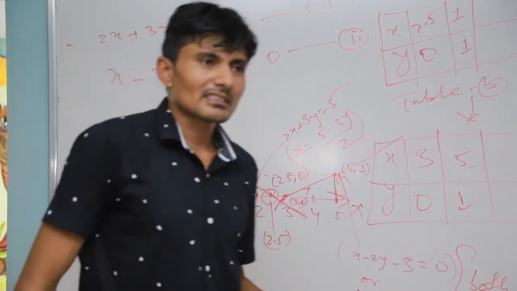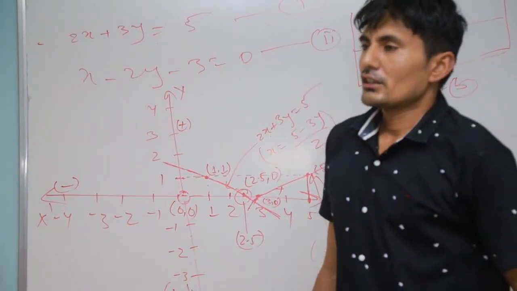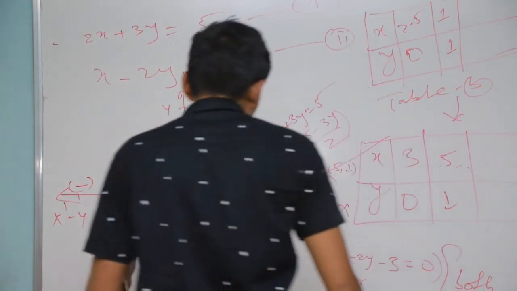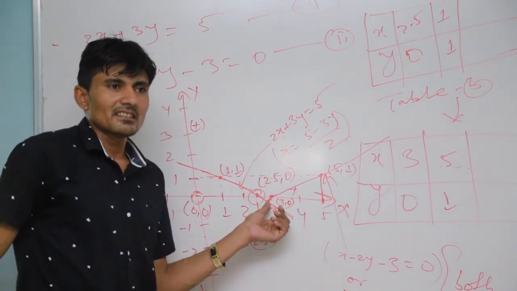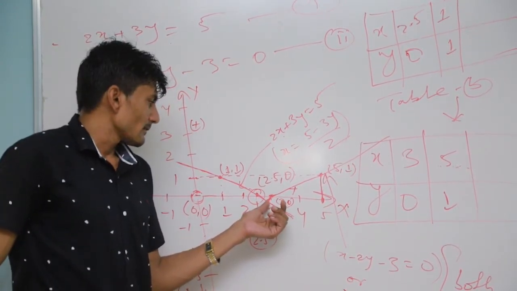Now in this chapter we will study how many solutions there are of a two variable linear equation. If there is one point of intersection, then there is only one solution of the equation.